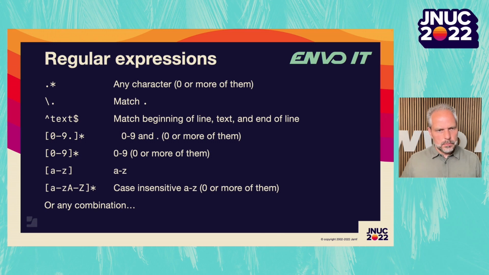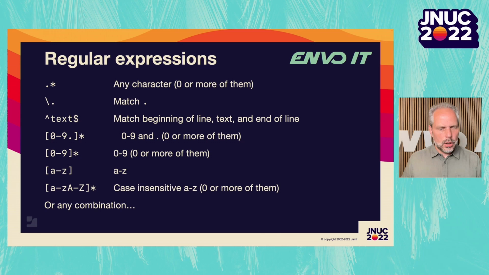If you need to match on the dot itself, then we have to escape it using a backslash. We can also match something at the beginning of the line or at the end of the line by using, I would call it the hat sign, in front of text, as well as the dollar sign for the line ending.